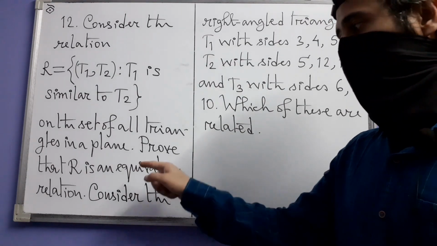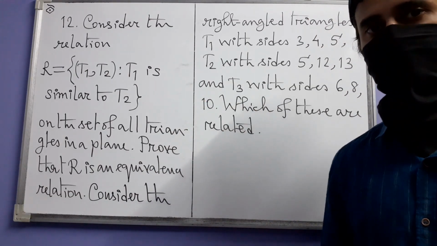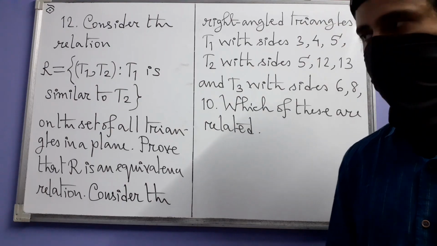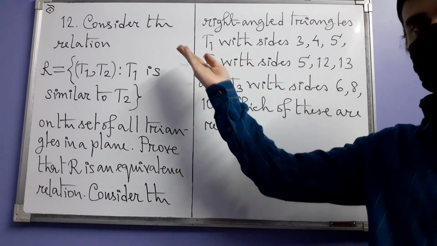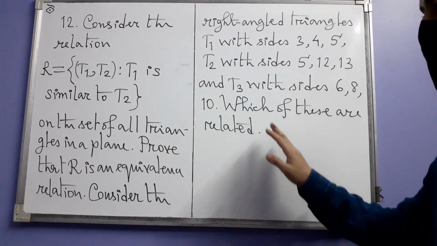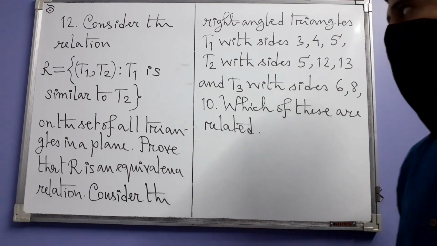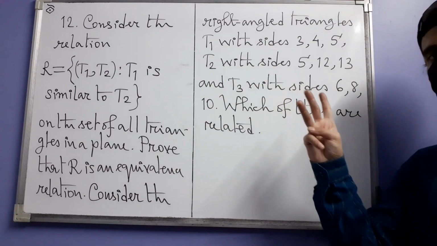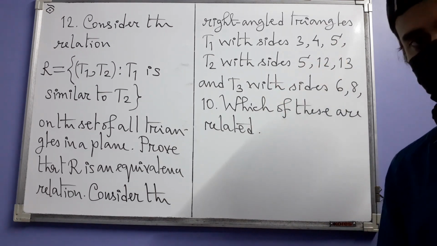So, then you have to prove that this relation is an equivalence relation on the set of all triangles in a plane, which actually proceeds exactly like how we did the other exercises. So, this part I am leaving to you, but there is a second part also. Three triangles have been considered, all of them are right angled triangles.